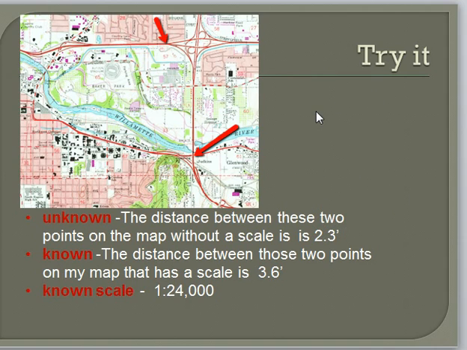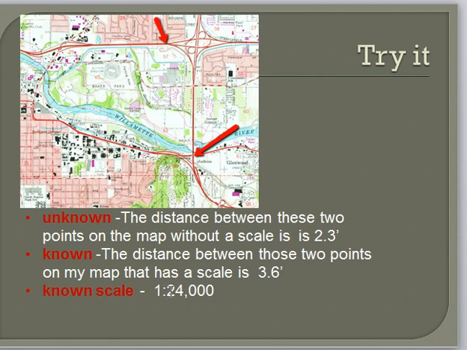So if the distance is 2.3 inches, I know that the map has more reduction. I know it has more reduction because the distance between those is a lot smaller, so it means I'm covering more area. And if I'm covering more area, the number on the right side has got to be a smaller fraction.